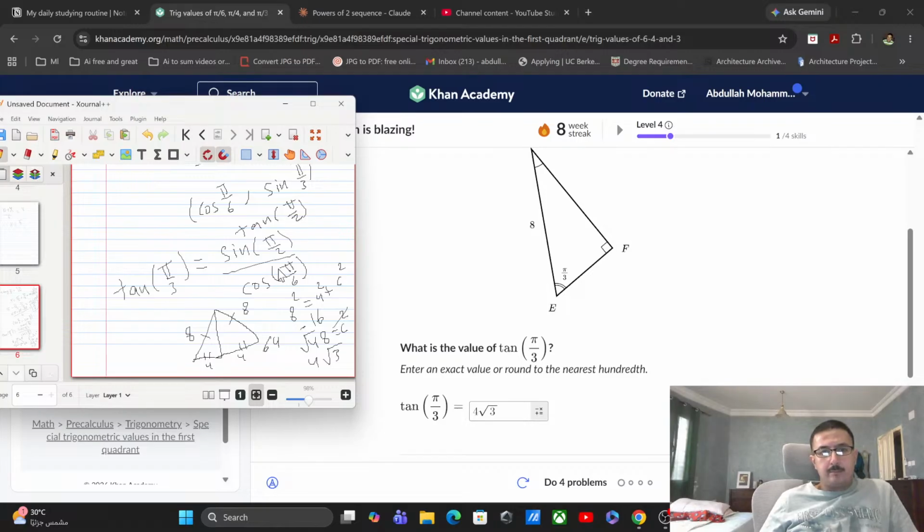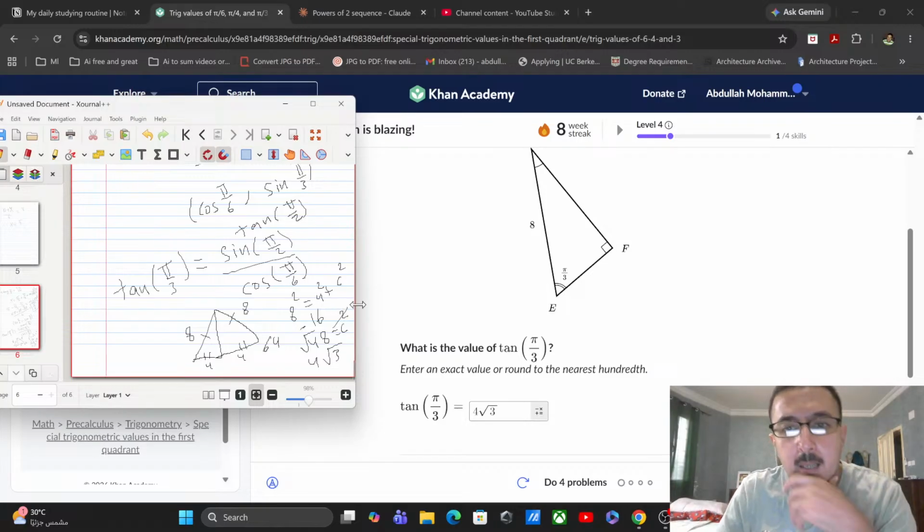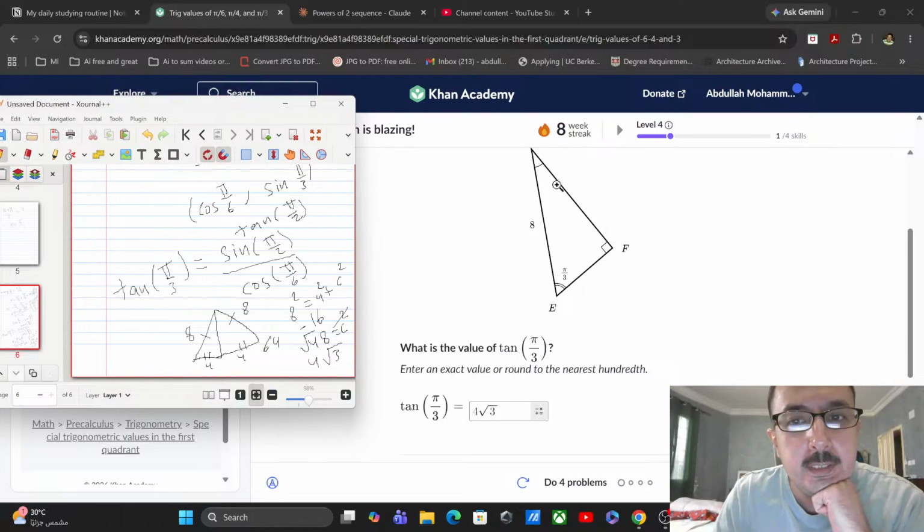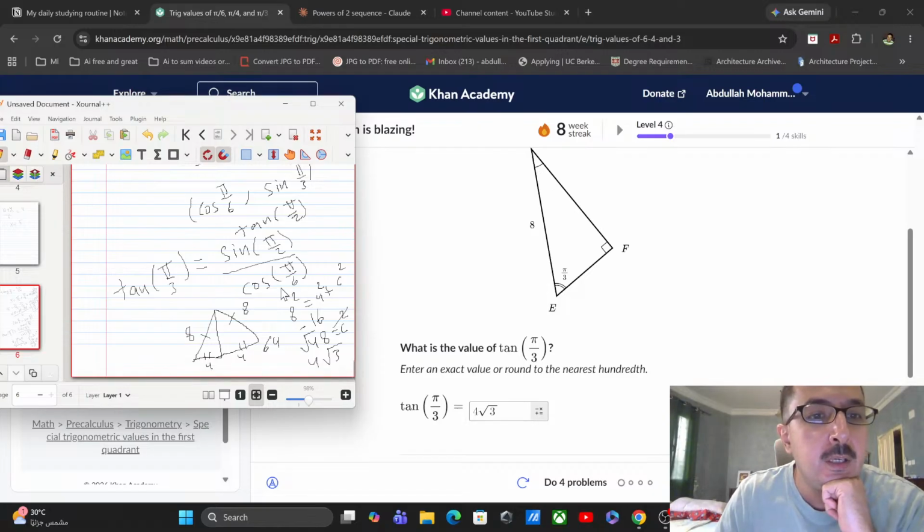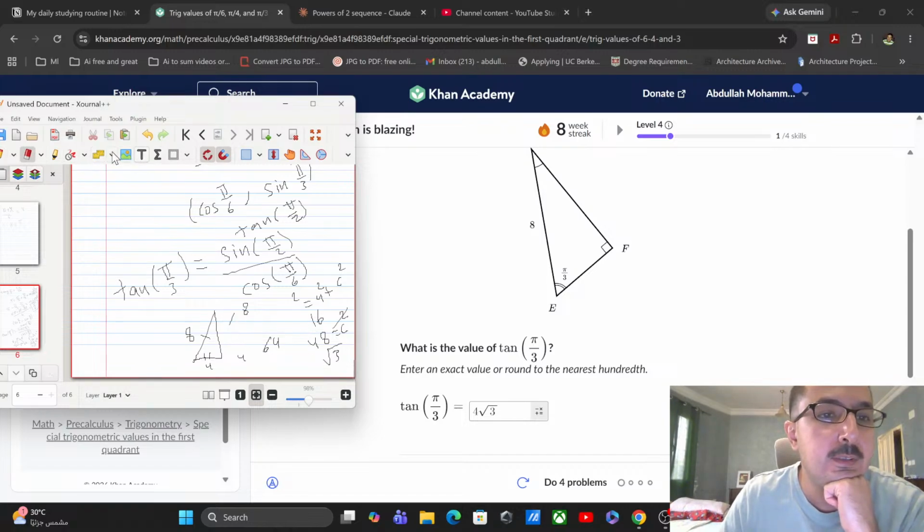No hints. Am I not getting this right? So this is pi over 2 and this is pi over 6. What does that give me? I remember the rule of sine and cosine. What do I remember? Wait.